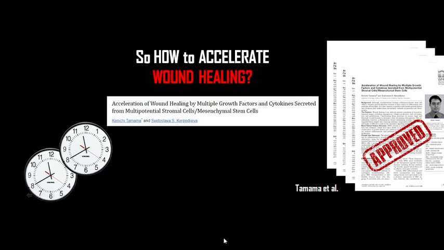It talks about the acceleration of wound healing by multiple growth factors and cytokines. So Dr. Tamama suggested applying multiple growth factors in the wound, or the extraction socket, in order to accelerate the wound healing.